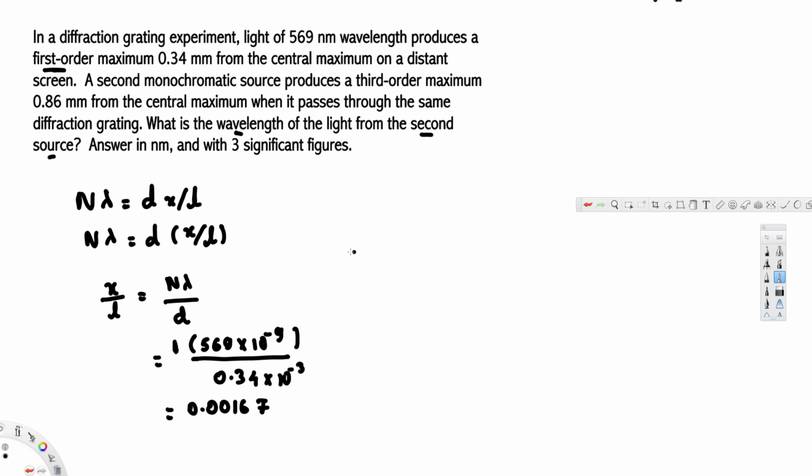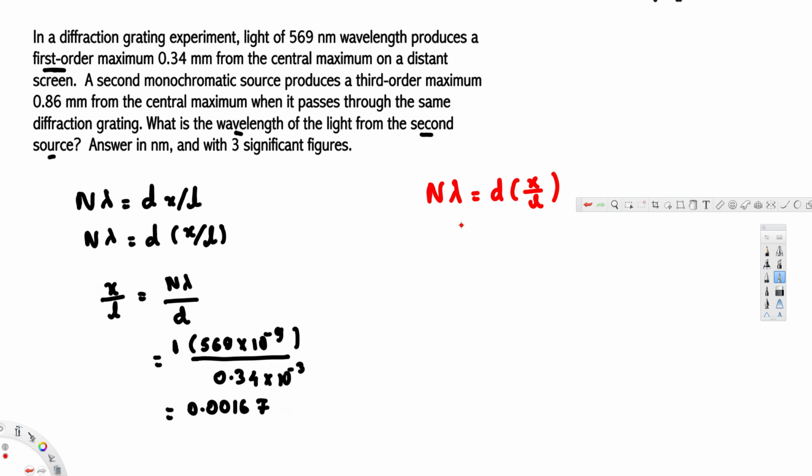And then we are going to plug this into the second situation. Let's go to the second situation. In the second situation, we are going to use the same equation, n lambda is equal to d times x over L. Here our purpose is to find out the wavelength in the second condition.